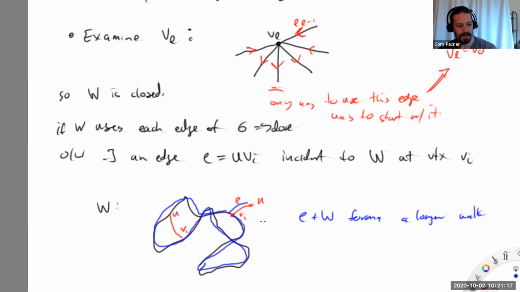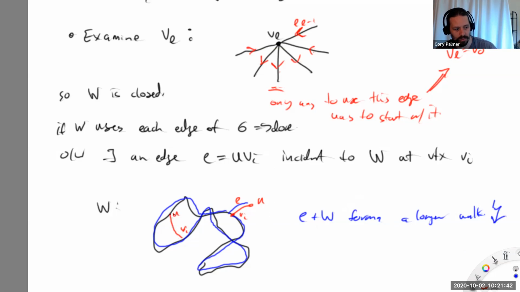Bonus. Now we found if we don't use every edge and there's an edge going off the walk, we can add that to the walk to get a longer walk. That's a contradiction to the longest walk property. It'll turn out that that longer walk, if it exists, has to be closed as well. But that doesn't matter, right? We got a contradiction by finding a longer walk, okay? Does everybody see that this edge here wouldn't have caused any problem either, right? It still would have been a longer walk as well.